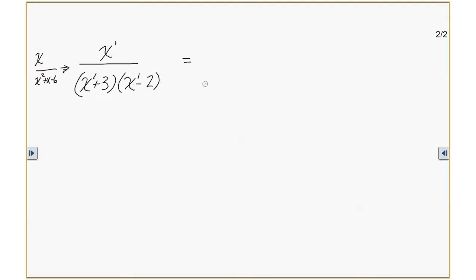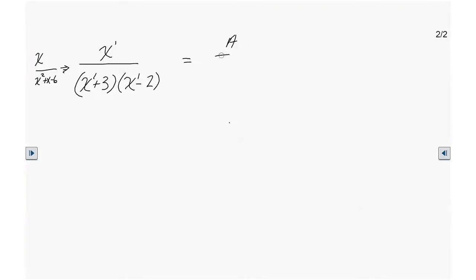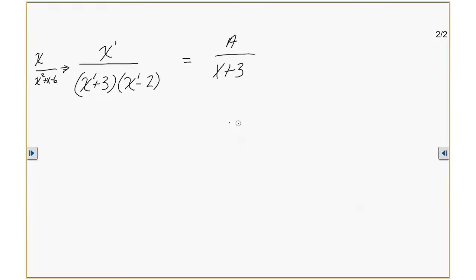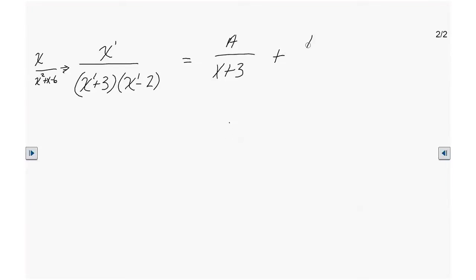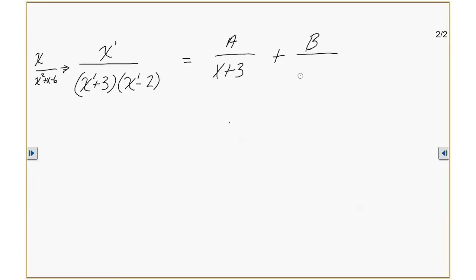Split them up, and that gives you, I don't understand these pens sometimes. A over the first one, x plus 3, plus B over x minus 2. Now you starting to remember a little bit? Yes or no?